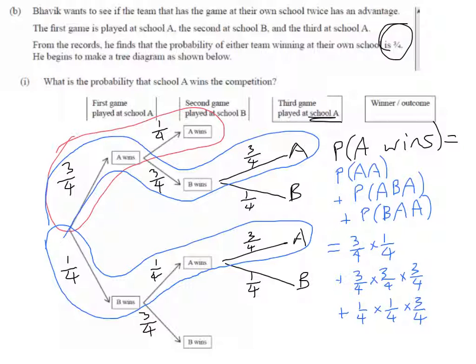Now when we add up those probabilities, I'm going to pop a new slide in to do that. You can use the fraction button, but we get this. So we're going to have 3/16 for the first one, plus 27 over 64, plus 3 over 64.